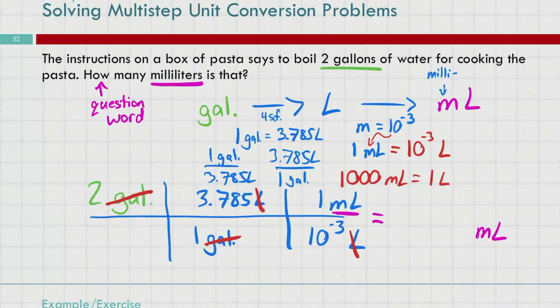Okay, so into the calculator we're putting 2 times 3.785 divided by 10 raised to the power of negative 3. You might have a little caret symbol there, raised to the power of negative 3. On a lot of calculators, you're going to have a different key for negative versus subtract.